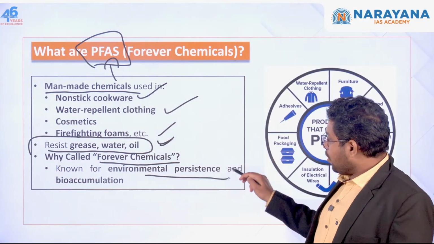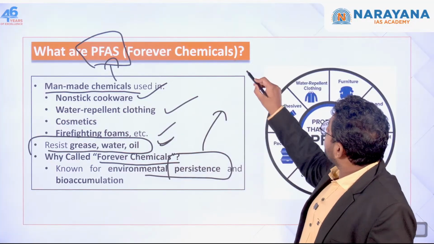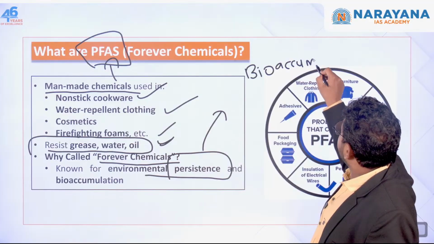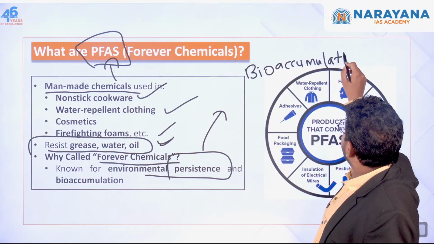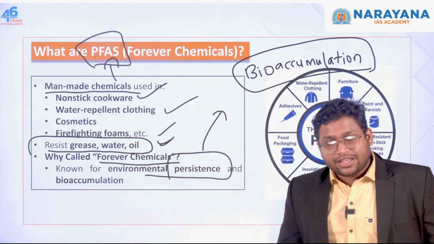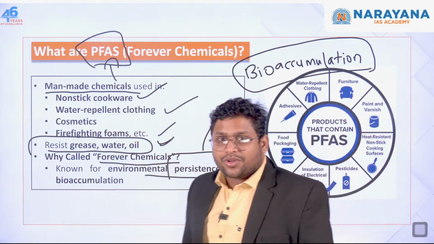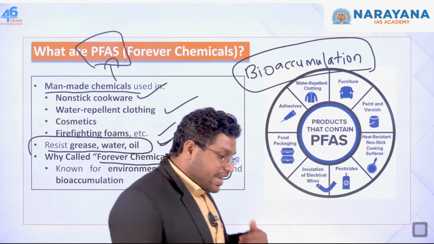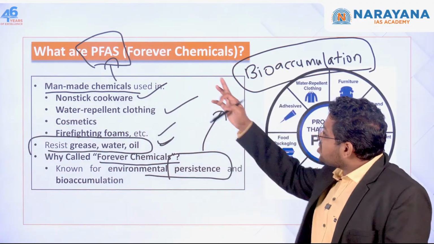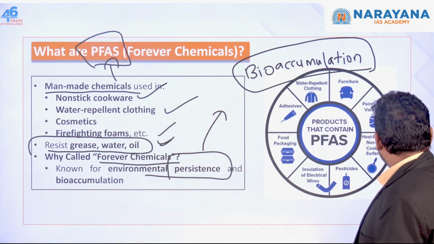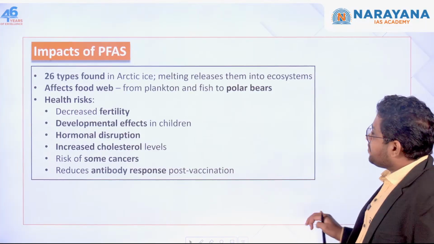So what happens is they start accumulating in your body, in other organisms also. They stay in your body, and that causes many problems for us. That's the issue with these PFAS.